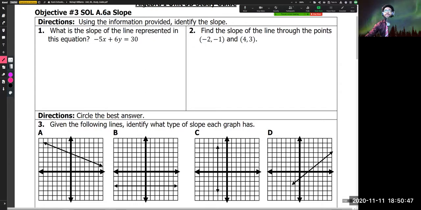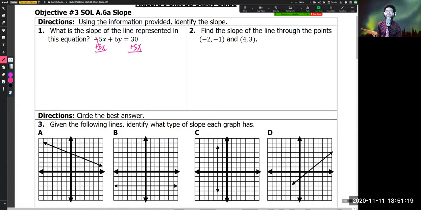What is the slope of the line represented in this equation, negative 5x plus 6y equals 30? The way we're going to do this, we are going to put this equation in slope intercept form first, and then finding our slope will be mega simple, like a walk in the park. So to put this in slope intercept form, I'm going to get y by itself. So I'm going to add 5x to both sides.